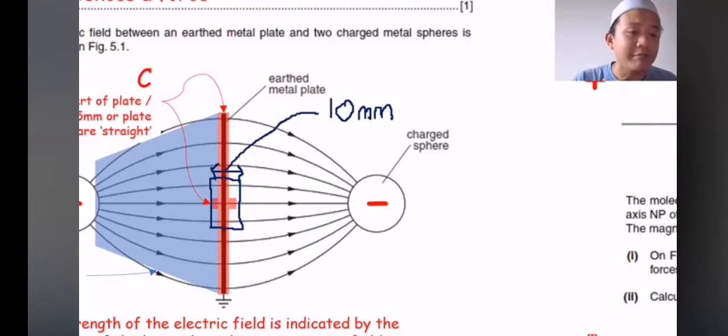We don't need to say it's 10 millimeters, no, just approximately label the region in which the lines are almost parallel. Because if it is not in the center, it will be curved. If it curves, it's not constant. As for the 5 mm, for an earth metal plate, the electric field lines when entering or touching the earth metal plate will be straight. They will be straight throughout the metal plate.